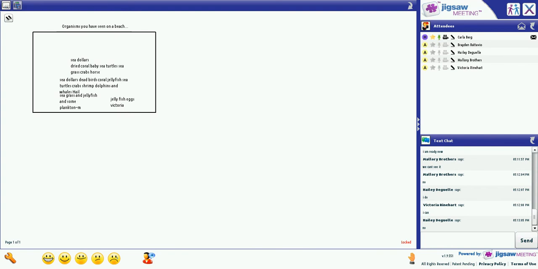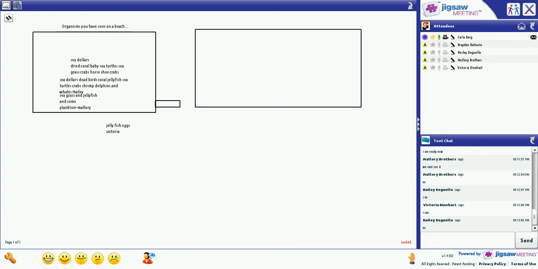Oh my, I think I need to make my square bigger here. We'll add another rectangle. You can write in either of these. You guys have so many ideas up here.